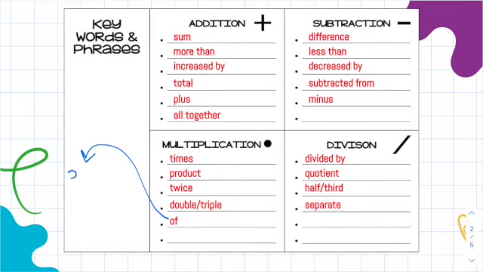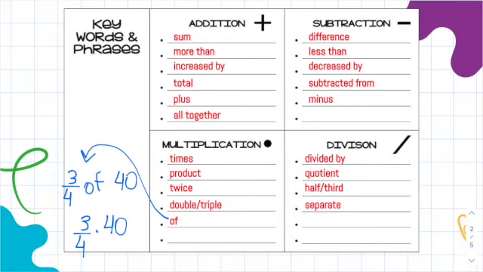Let me give you an example. 3/4 of 40, okay? You see, there's no times, no plus, no altogether, no twice, just 3/4 of 40. This means that the operation is going to be 3/4 times 40, all right?